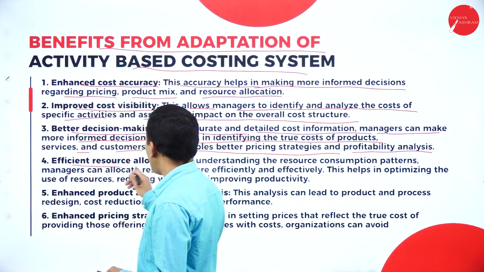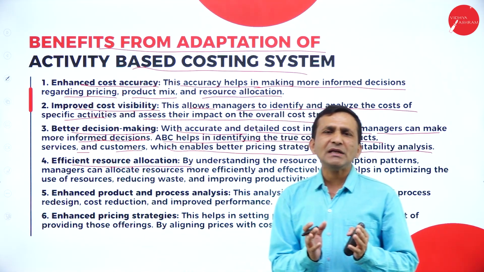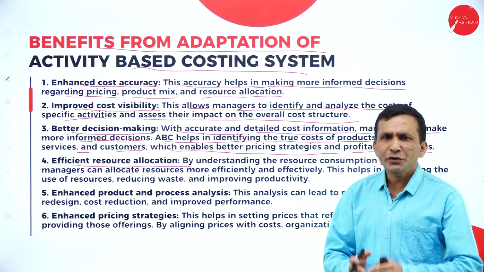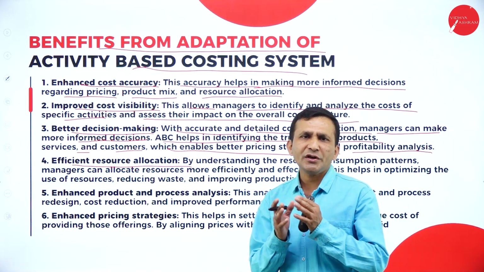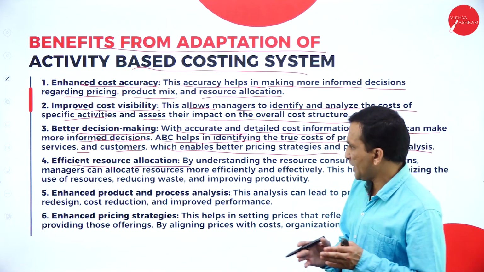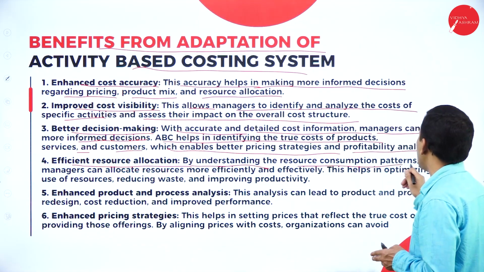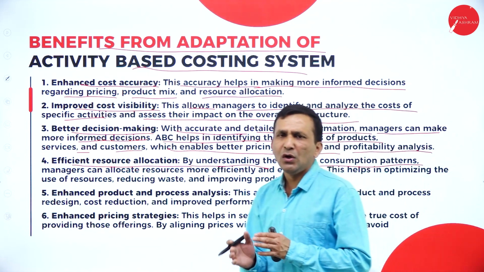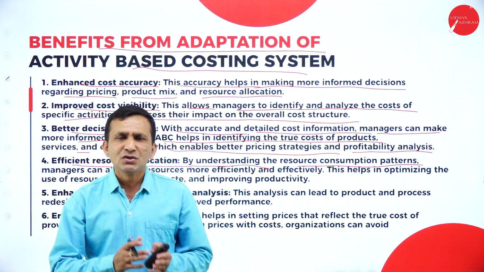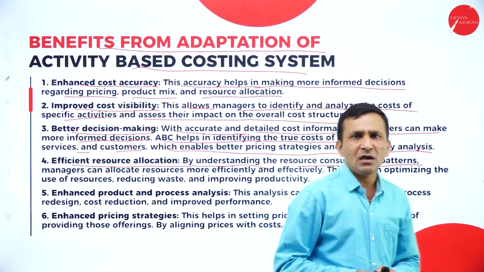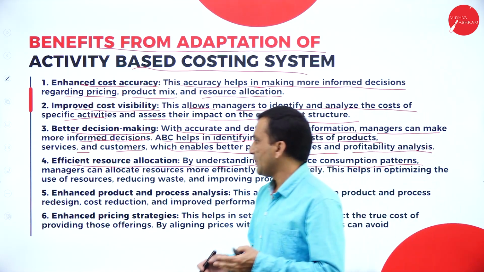And efficient resource allocation. We will get to know the effective usage of material and resources connected to your productivity. By understanding the resource consumption pattern, we can know the material usage, who is involved, and what overhead expenditures are incurred, everything.